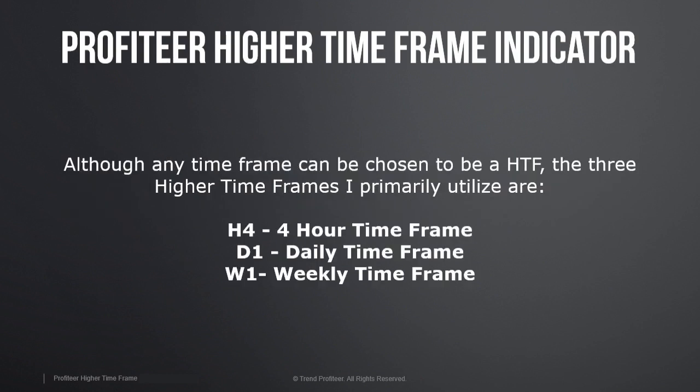Although any time frame can be chosen to be HTF, the three high time frames I primarily utilize are the 4-hour higher time frame, the daily higher time frame, and the weekly higher time frame. You can use daily, weekly, monthly as well, particularly if you're trading, say, the daily charts, and you can also trade with shorter or lower higher time frames.